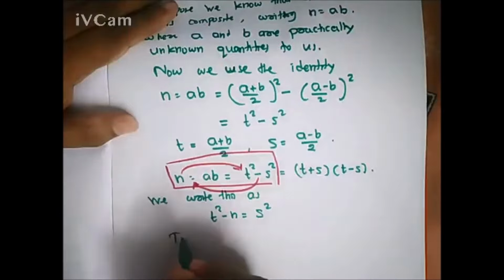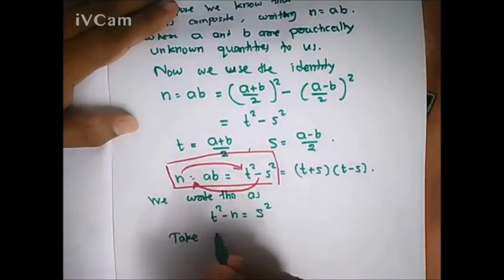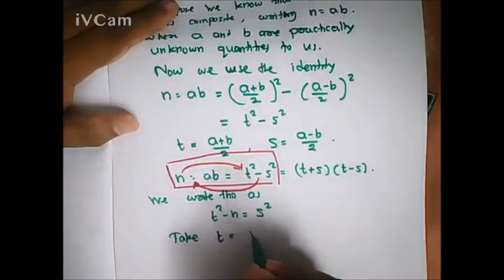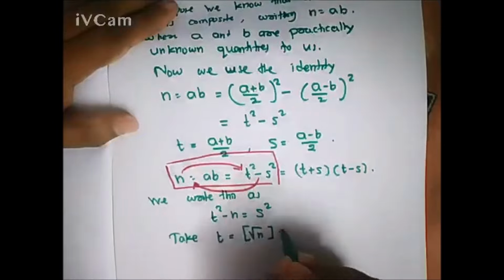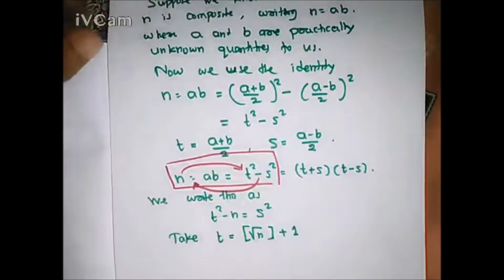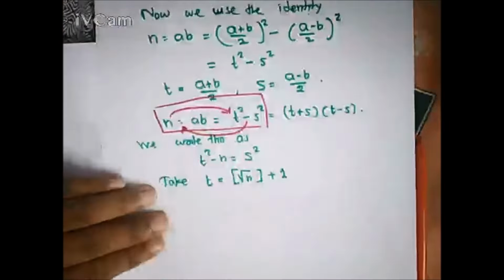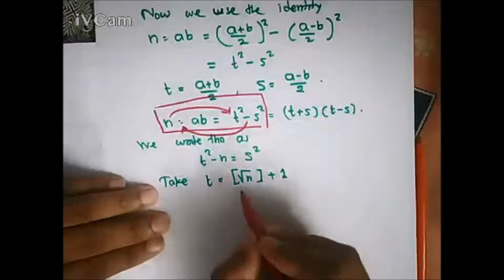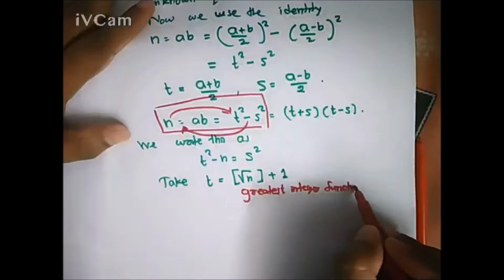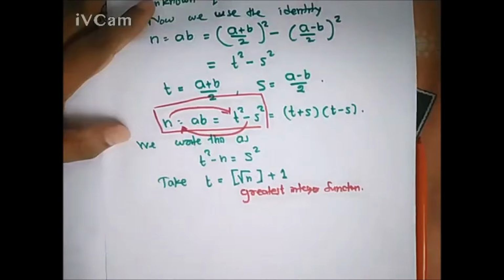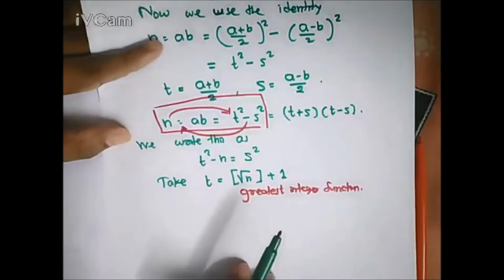Now take t as the square root of n, bracket function, plus 1. What is this bracket function? This is our greatest integer function.